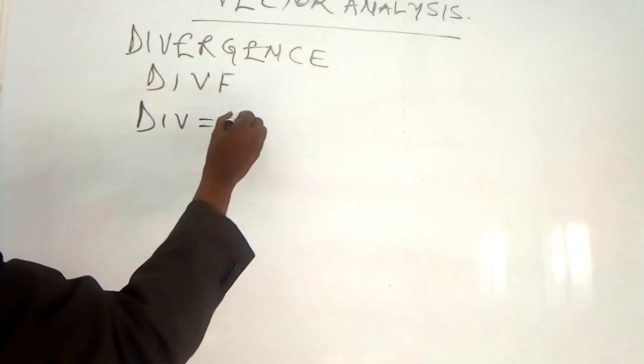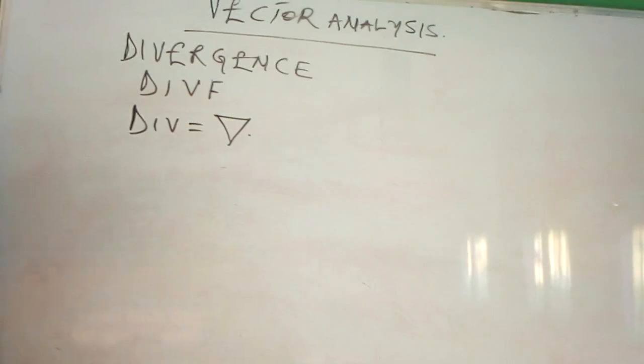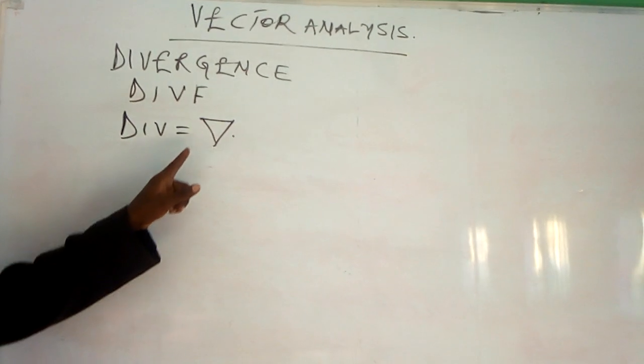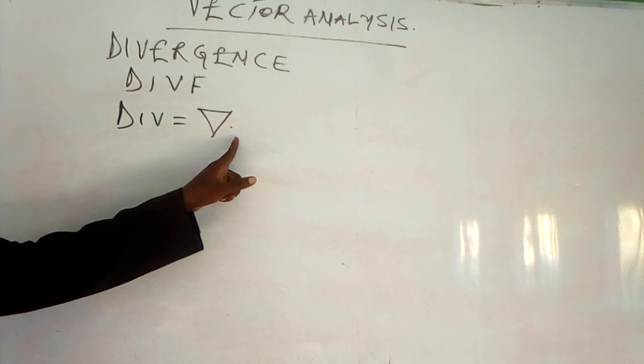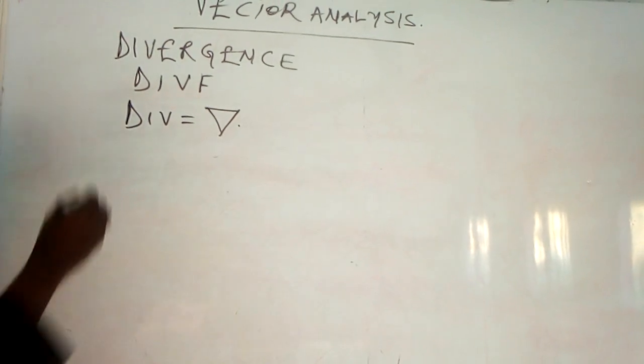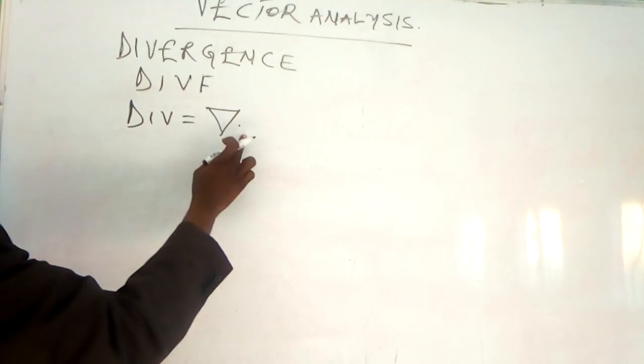Divergence, div, means nabla or del dot. Divergence is equal to gradient dot, dot products. So div is gradient dot.